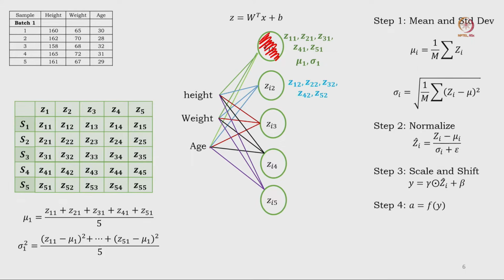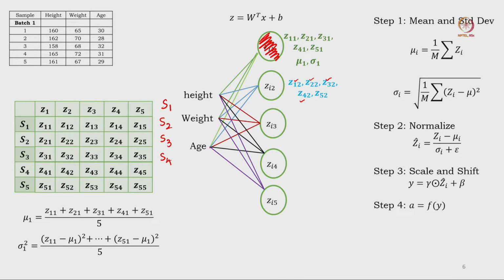In a similar way, at the second node, we are still with the first batch only. For the first batch, when we passed S1, we got the first sample, second node. Then the second sample, second node; the third sample, second node; the fourth sample, second node; the fifth sample, second node.